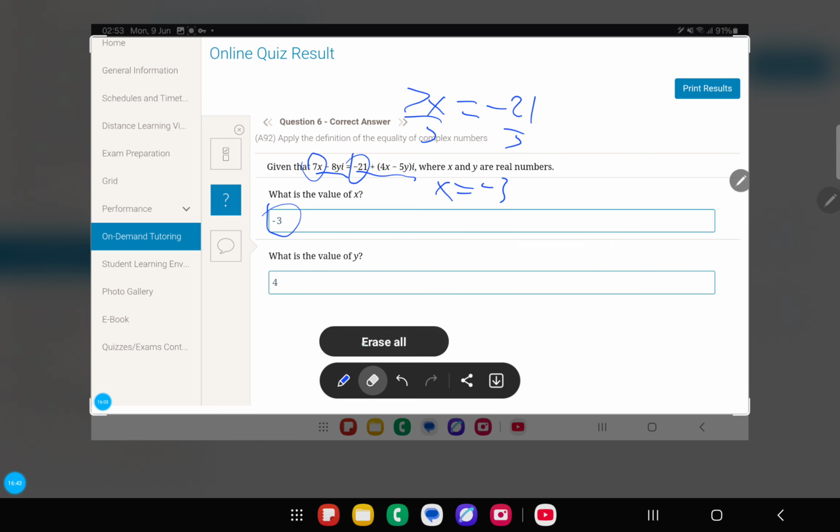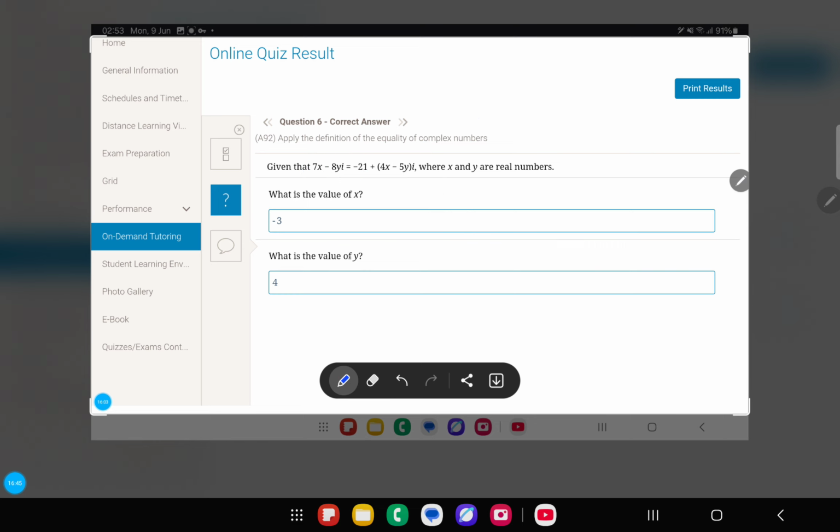Now, find the value of y. Now we got the complex numbers. Negative 8yi equals, we don't include the real numbers, they're always separated. Real by itself and complex numbers by itself. Okay, we got 4x minus 5y times i. Just put negative 8yi equals (4x minus 5y)i.